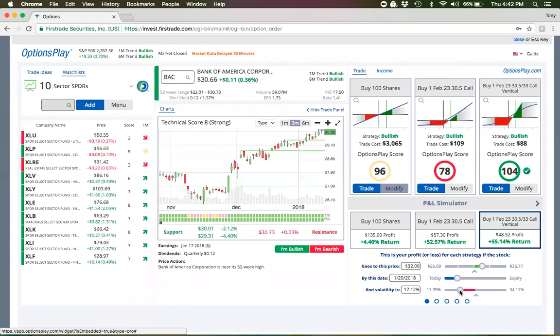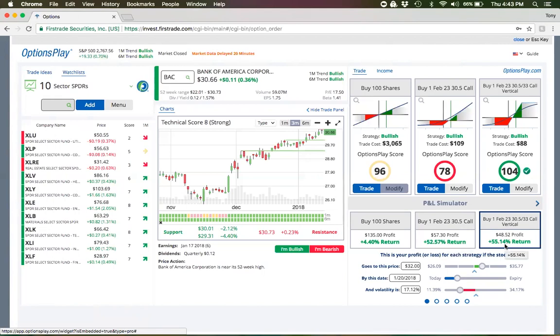Okay, as you can see here, what this P&L simulator does is it shows me exactly what my expected return of each one of these strategies is, based on the scenario that I just gave of the stock going up to $32, 3 days after earnings, and the volatility comes back down. So if I bought the stock, I make a 4% return. If I bought this call, I'd make a 52% return.